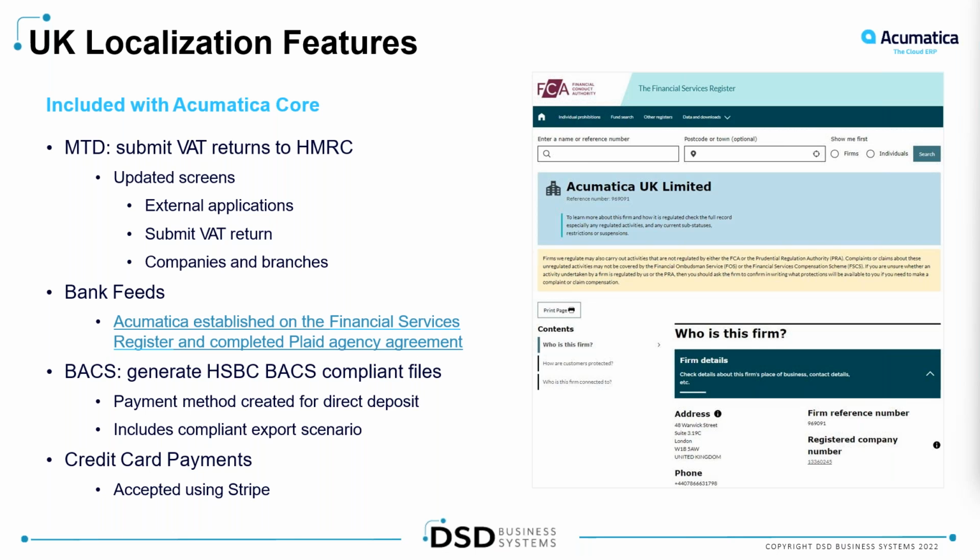So for the UK localization, there's some exposure to VAT returns and going out to connected entities or connected websites to publish these. There's also enhancements within the bank feed process, and within the UK localization, there are some credit card capabilities coming using Stripe as a backend processor.